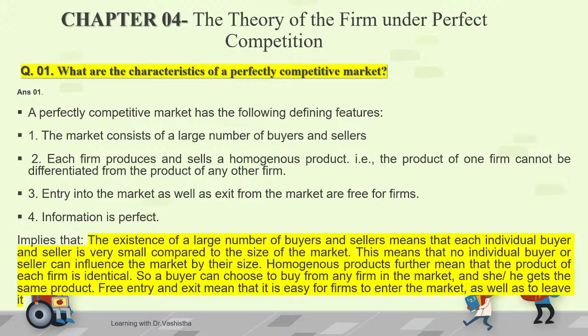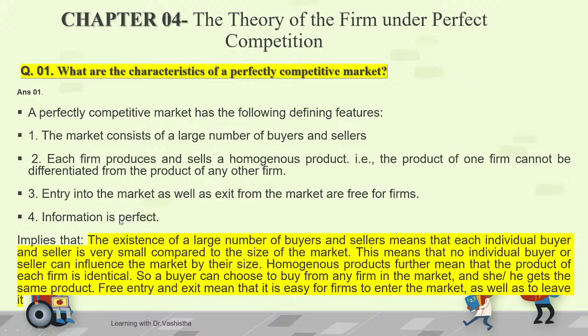They are similar, so any product can be replaced by another. Entry into the market as well as exit from the market is free. Any firm can exit and any firm can enter. And information at both ends, the buyer as well as the seller, is perfect, meaning there is full awareness about everything.